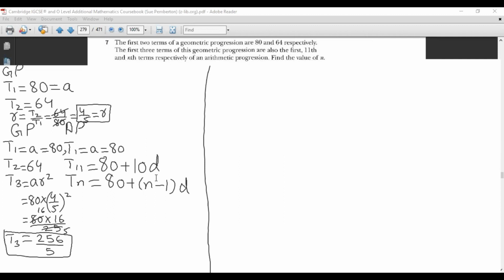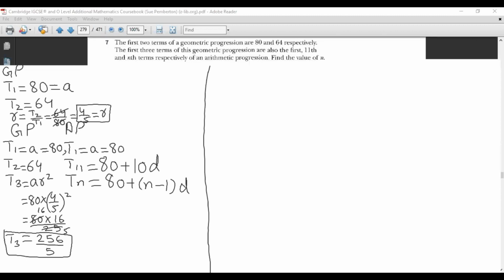So the first one which I'm going to work out: I'm comparing these two. 64 equals 80 plus 10D.